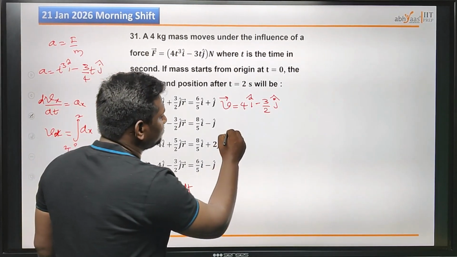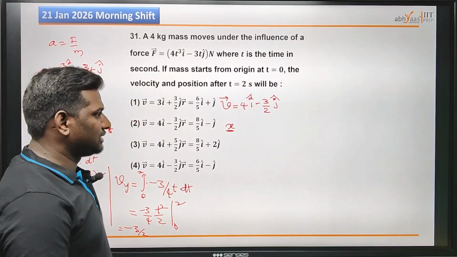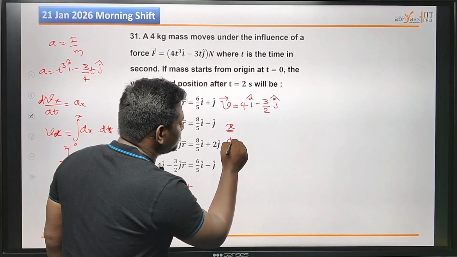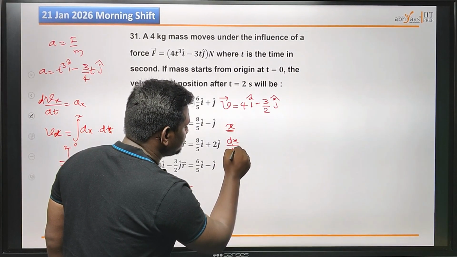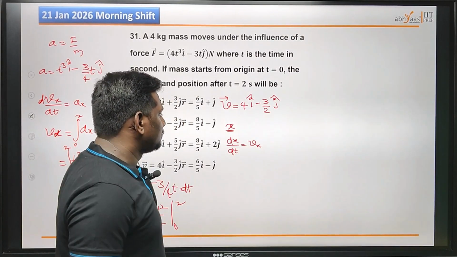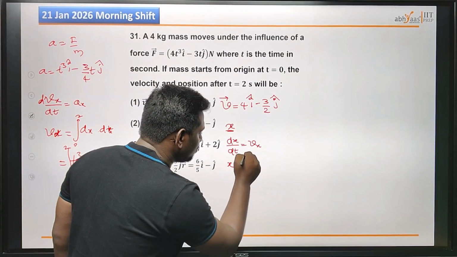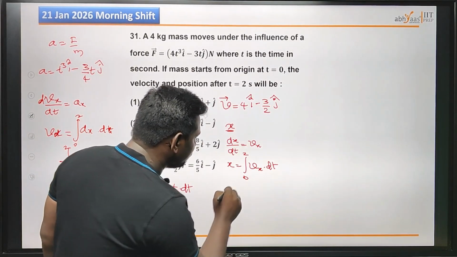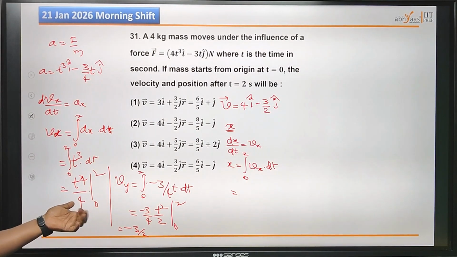So position along the x-axis. What is the position along the x-axis? Velocity is nothing but the rate of change of position. So x can be written as the integral from 0 to 2 of Vx dt. What is the Vx? t power 4 by 4.